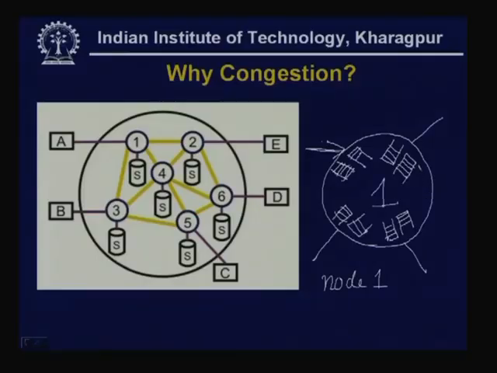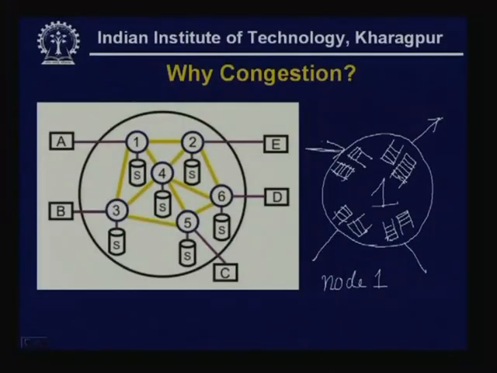That is one possibility. Another possibility is that whenever there is a big queue at the output node, say suppose it is going in this direction, a particular packet takes a very long time to reach the front of the queue. That means before its transmission, it spends a long time in the buffer.